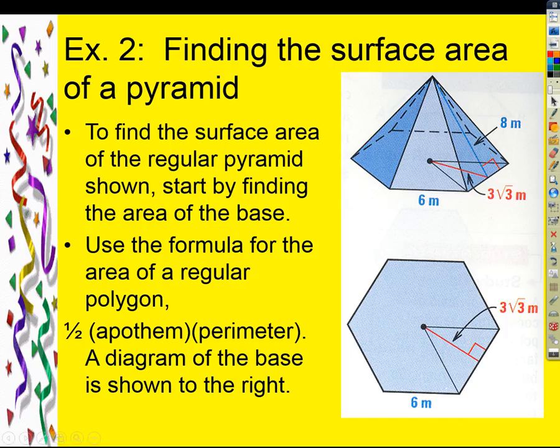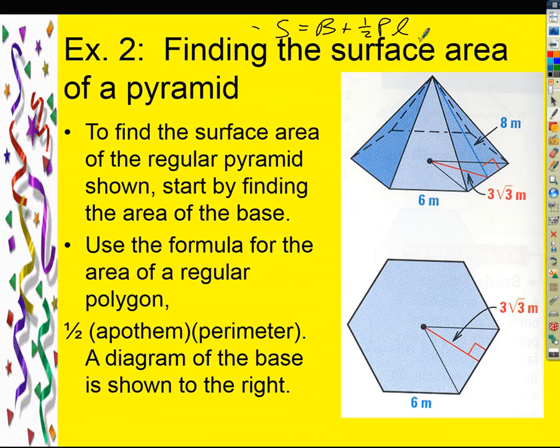Based on these measurements up here, we know that the surface area is the base plus, what was the rest of it, you remember? 1/2 times the perimeter of the base times the slant height. So based on this pyramid, what's the perimeter of the base going to be?